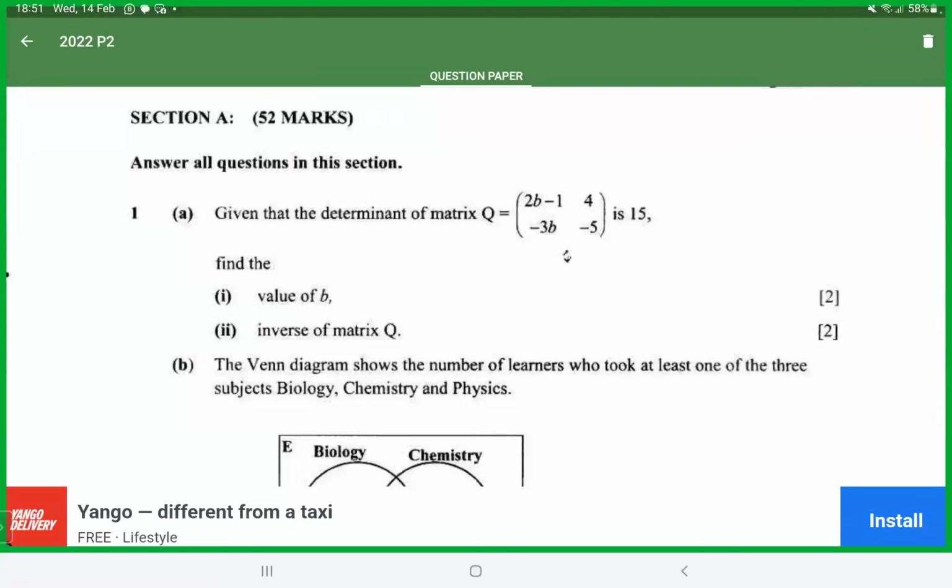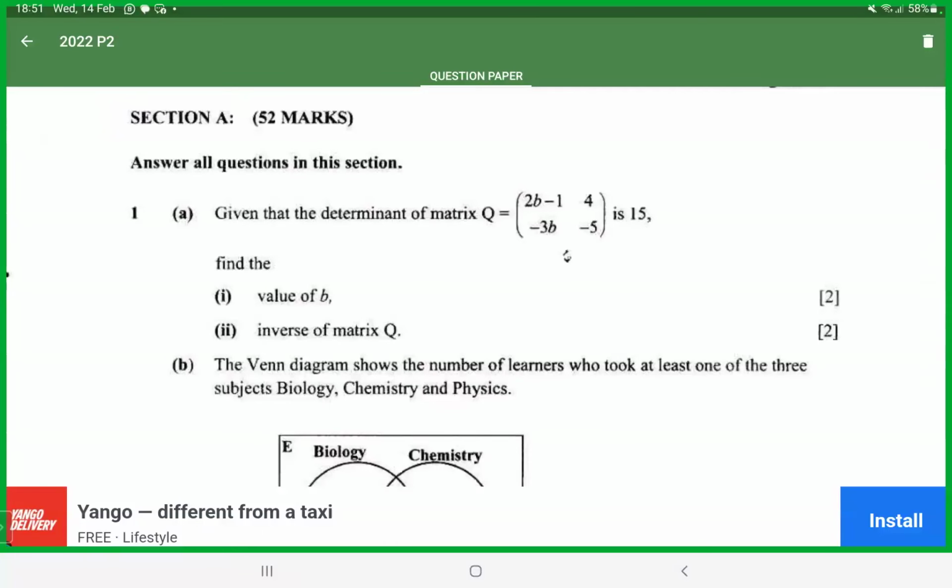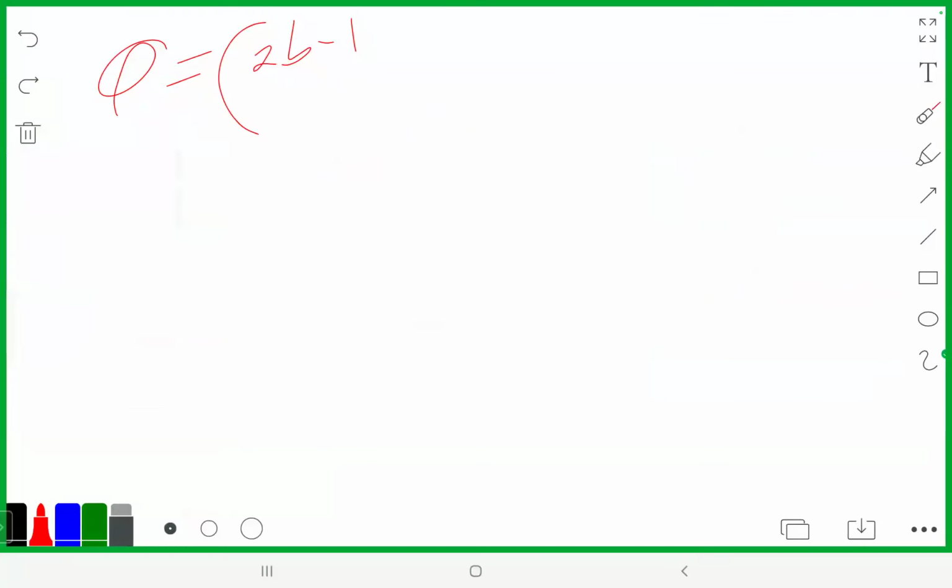Okay. So we have the matrix. The name of the matrix is Q. Let's just write it. It is the matrix Q that is equal to 2b minus 1, 4, negative 3b, and a negative 5.